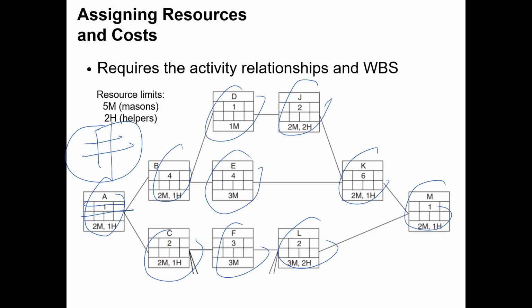Here you can see they have the resource limitation of 5 masons and 2 helpers, right? M is for masons and H for helpers. The number put over here means that activity D will require 2 masons, and this activity J over here uses 2 masons and 2 helpers. Those are the limited resources you have in your company.